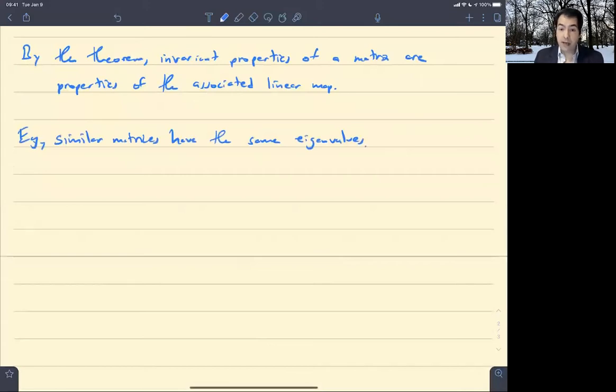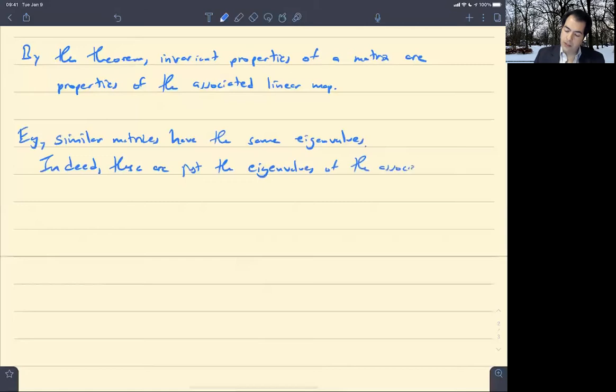Not the same eigenvectors, but the same eigenvalues. Indeed, these are just the eigenvalues of the associated linear map. Linear maps have eigenvalues, and every matrix associated to a linear map, doesn't matter what bases, has the same eigenvalues as the linear map.